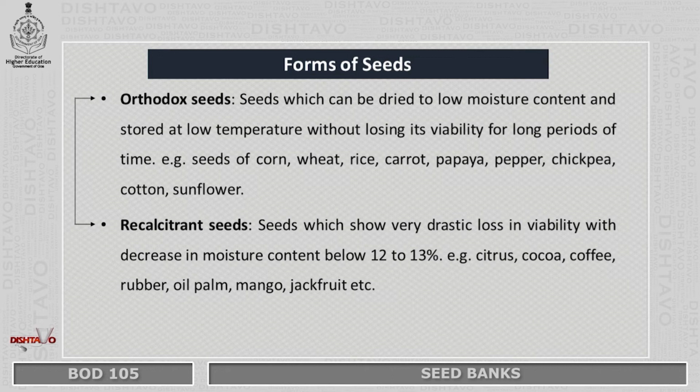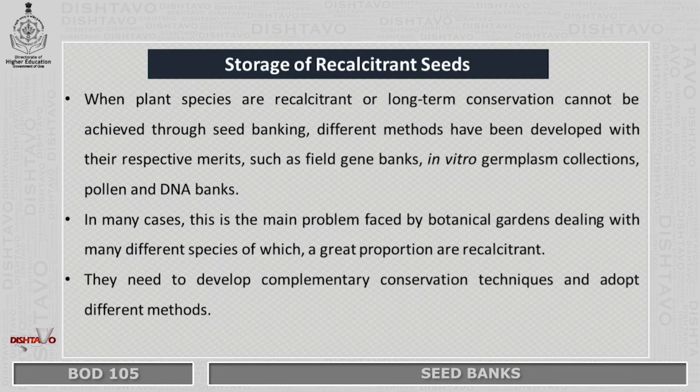They are, and we see that the seeds are still viable, whereas recalcitrant seeds show very drastic loss in viability with decrease in moisture content below 12 to 13 percent. Example: citrus, cocoa, coffee, rubber, oil palm, mango, jackfruit, and so on. Let us now understand the storage of recalcitrant seeds.